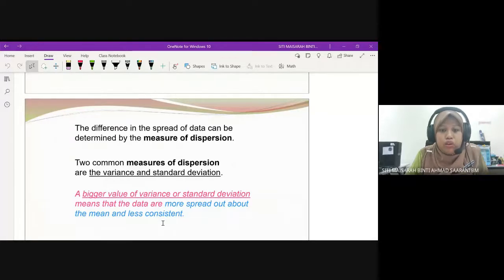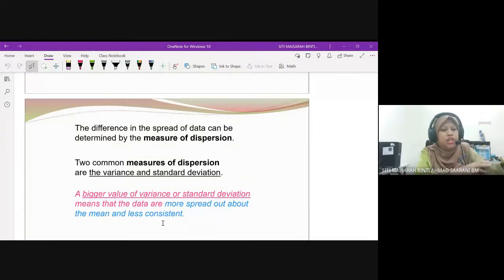A bigger value of variance or standard deviation means that the data are more spread out about the mean and less consistent. So maksudnya kalau nilai variance ataupun nilai standard deviation tu besar, bermaksud dia kurang konsisten lah. So dia punya data dia jauh bertaburan spread out about the mean.